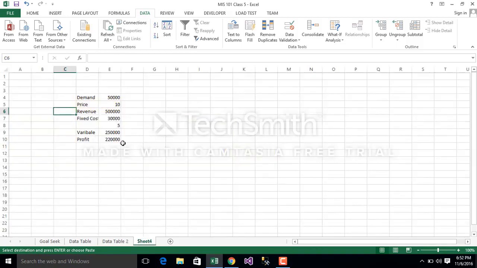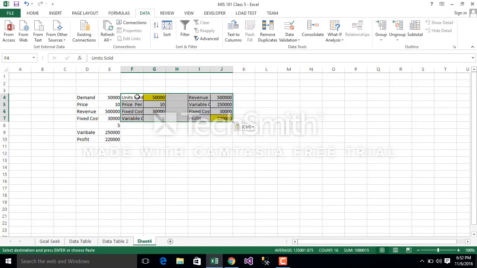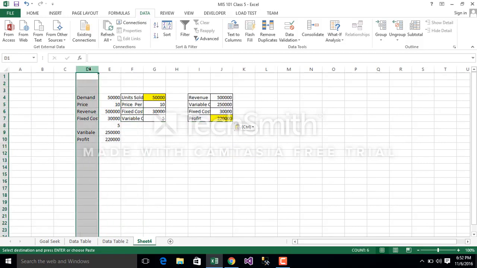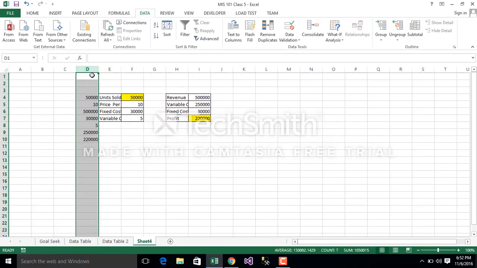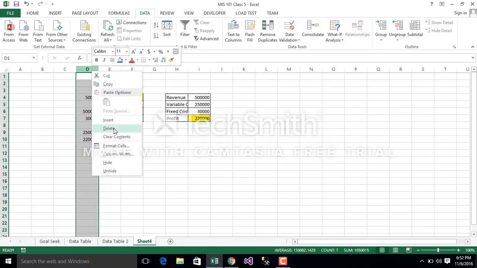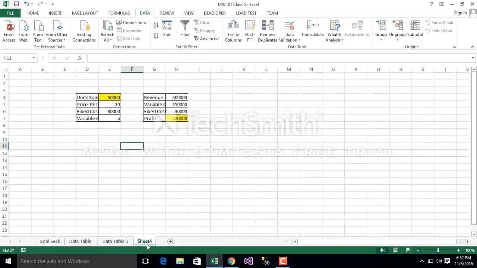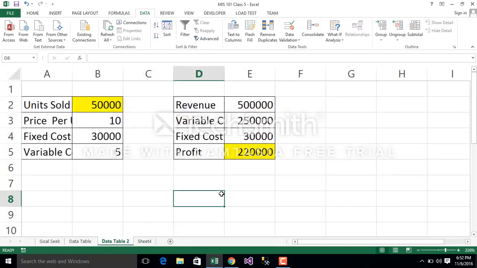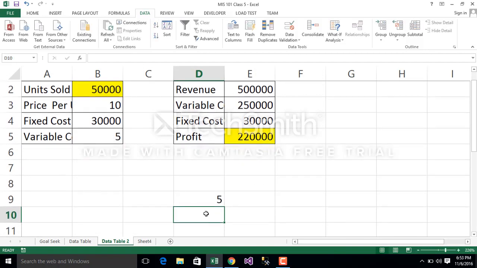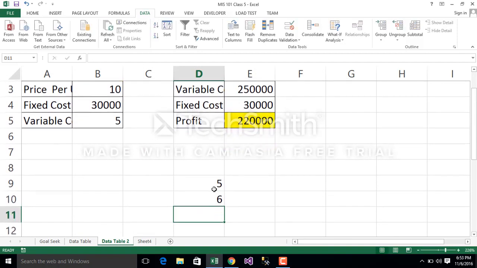And for the last problem, you will see two-way data tables. Two-way data tables mean data will be in two different dimensions. Whereas in the previous one, price would be 5, 6 for different prices.